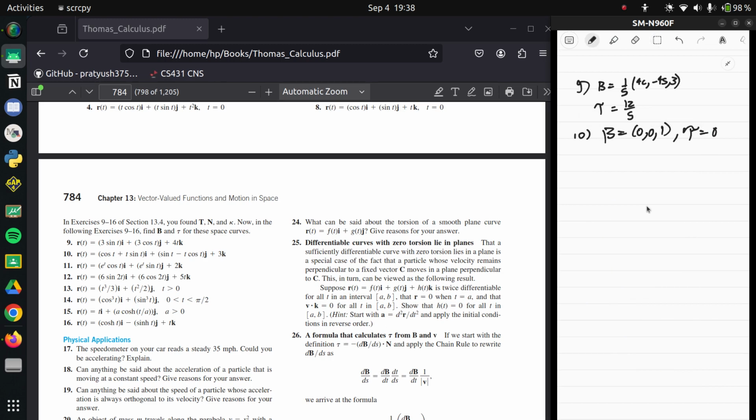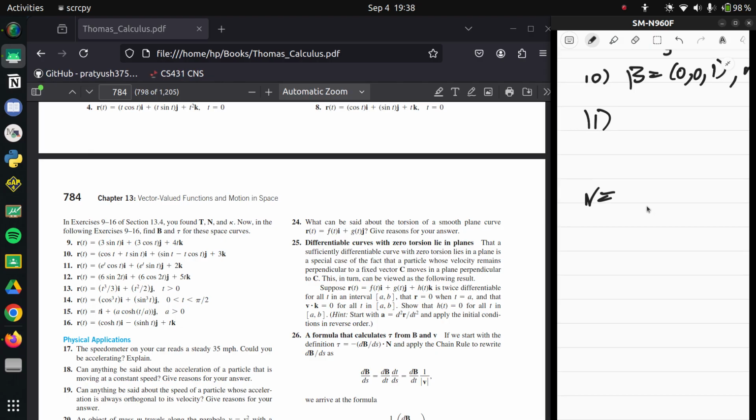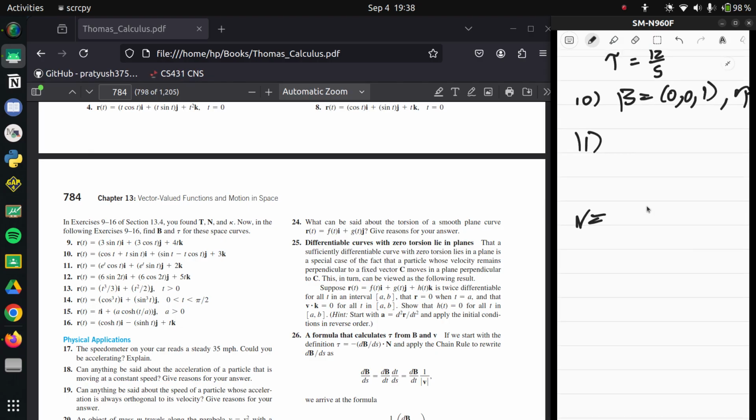Remember, there are thousands of different ways to be defining your vectors. 11th is r equal to this stuff. So velocity is, okay, so velocity is what, divided into this stuff, equal to cosine minus sine.